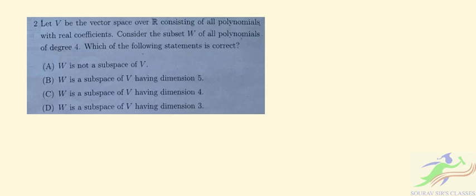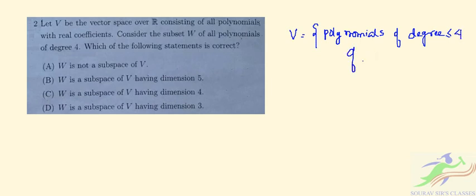Let's start: V is the set of polynomials of degree less than or equal to 4 with real coefficients, and W is the subset of all the polynomials of degree 4.